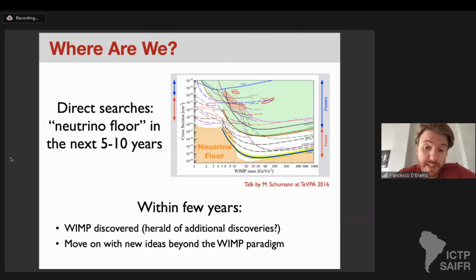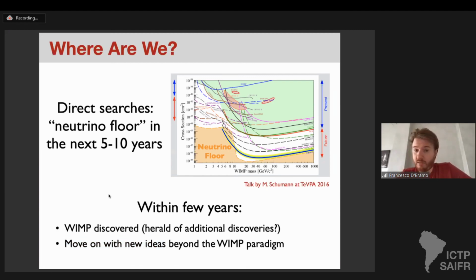At this point, there are two possible options for research on WIMPs. Either the WIMPs will be discovered and that will be great, and maybe we will see evidence for these particles somewhere else, such as at colliders and other experiments. But at the same time, while we go down in this plot, I believe it's good to also move on with new ideas beyond the WIMP paradigm.